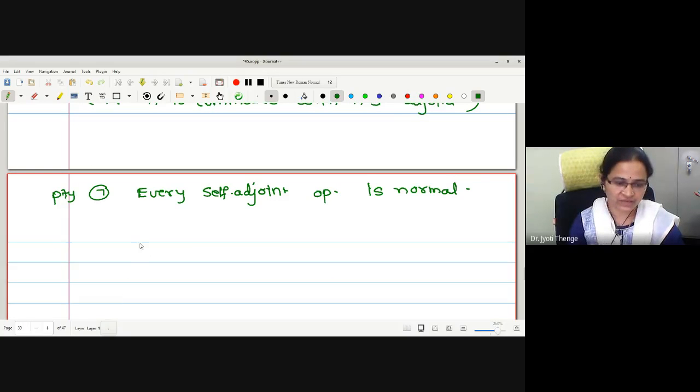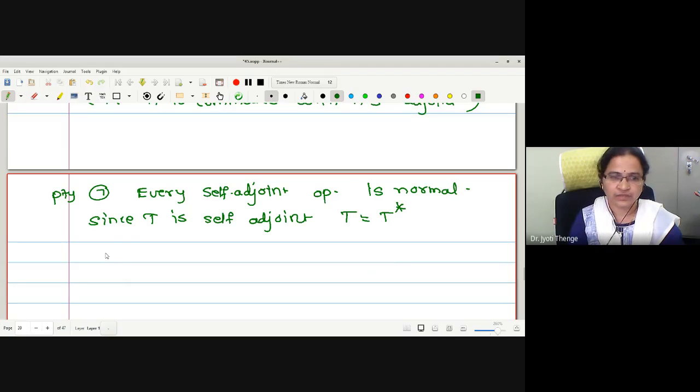Because since T is self-adjoint, we have T equal to T star. Therefore, let me replace this T by T star, so I can write it as T star T. Therefore, every self-adjoint operator must be a normal operator.